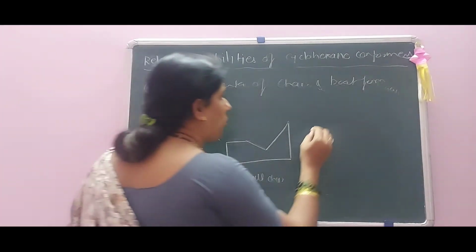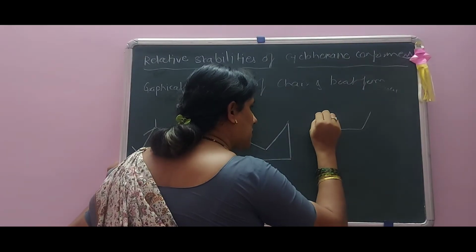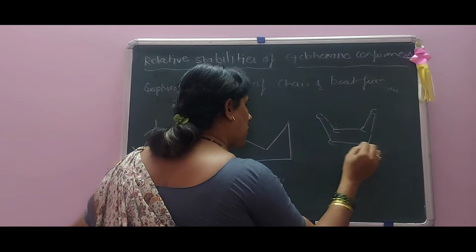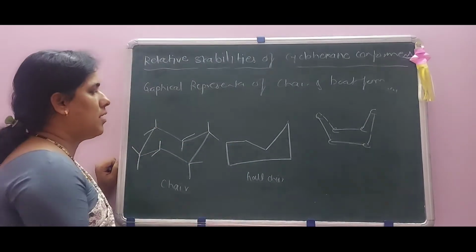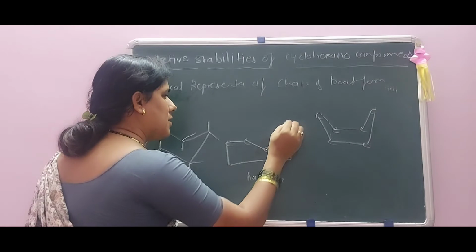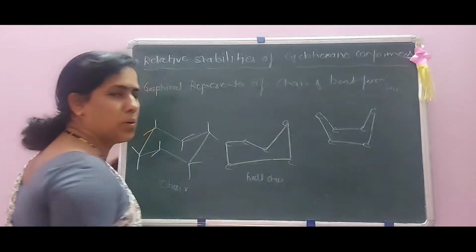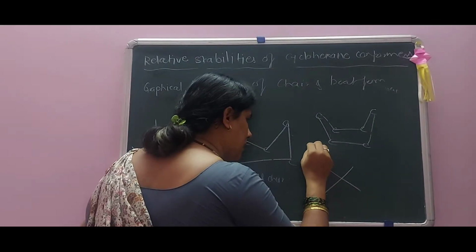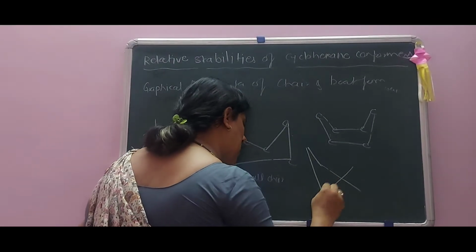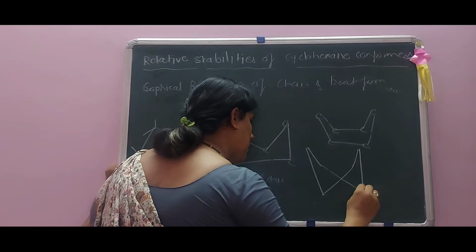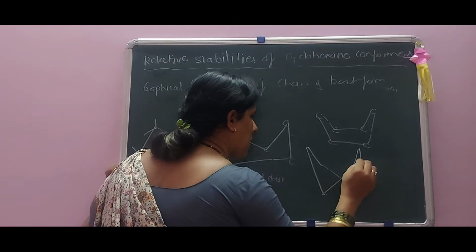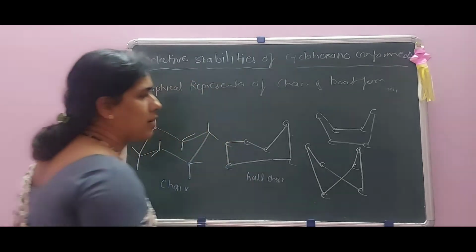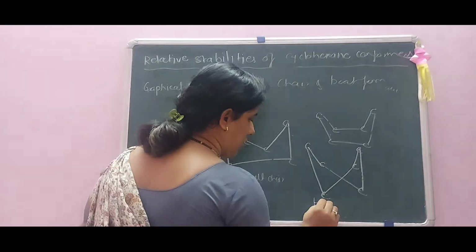Then boat, already we have seen this, it is equal to here boat. Now this is a half chair. Now the twist boat here, we can draw as it is equal to this. This is a twist boat.